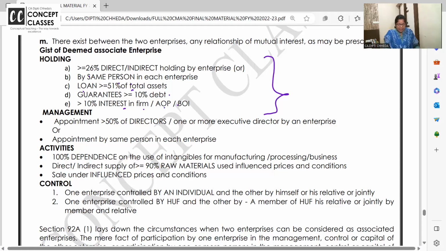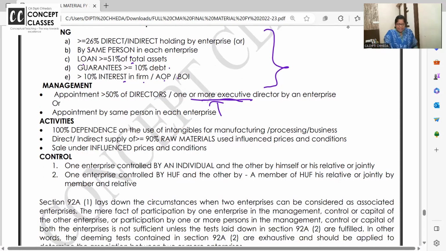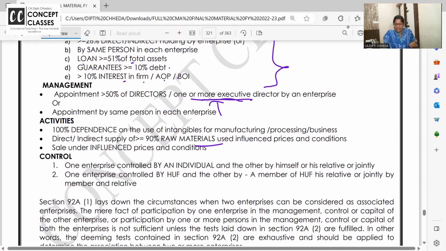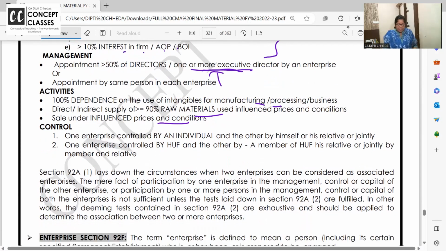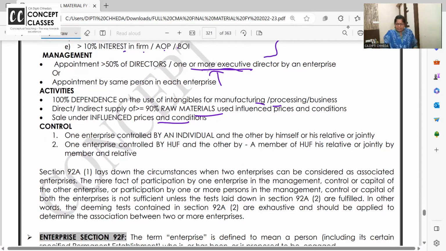Management: if you appoint more than 50% directors or one or more executive directors, or the same person is appointing more than 50% of the directors. Now, dependency on raw material, technical support, sales, etc. One enterprise controlled by an individual, another by his relative, or one controlled by HUF, another by the Karta or member.